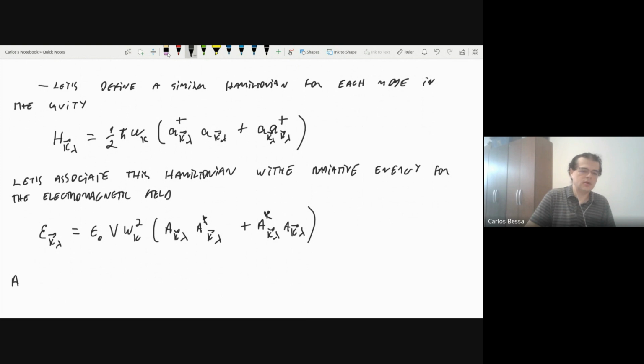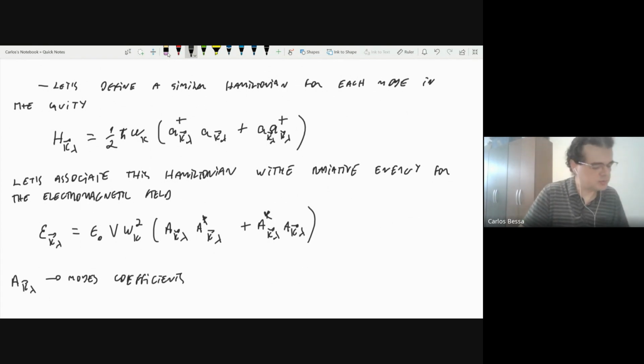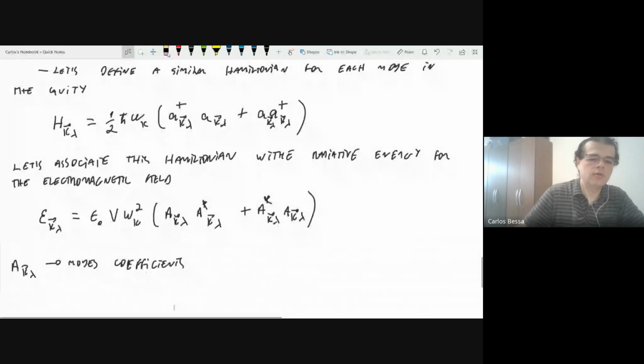Where A_k lambda are just mode coefficients, which are associated with the vector potential and the electric field. V here is just the volume of the cavity.